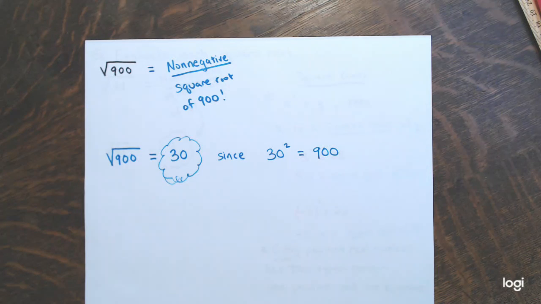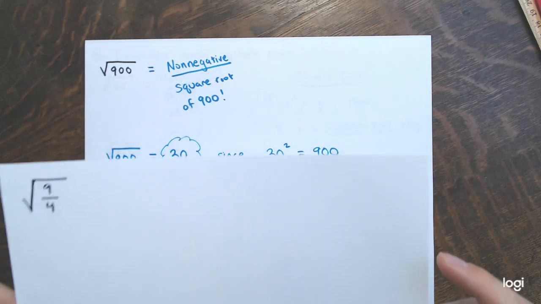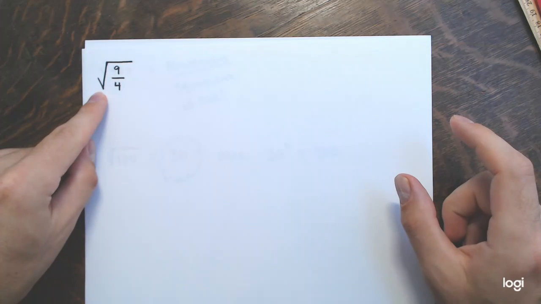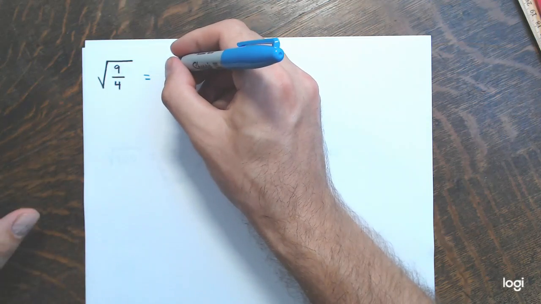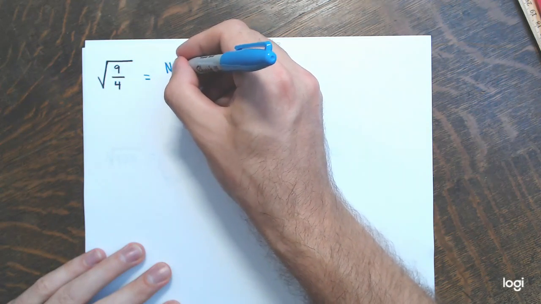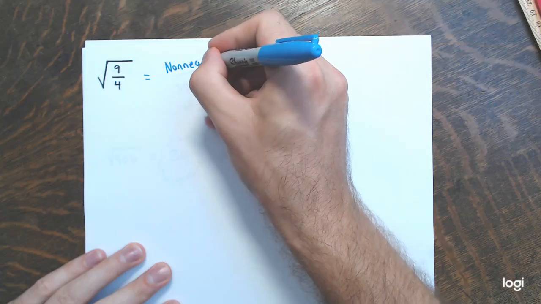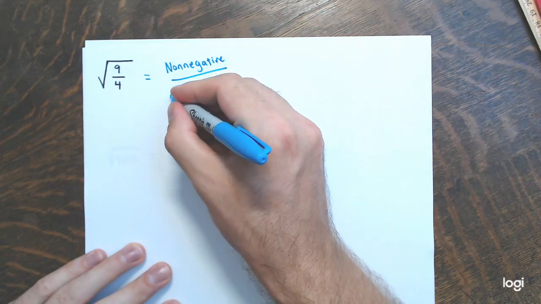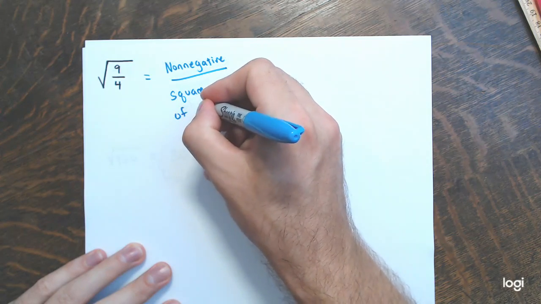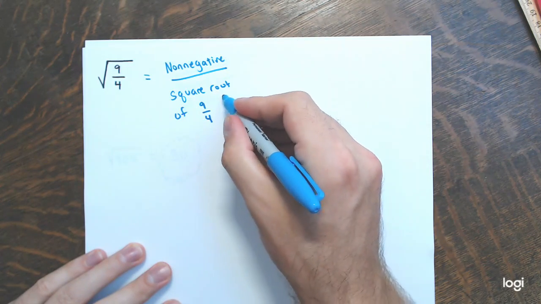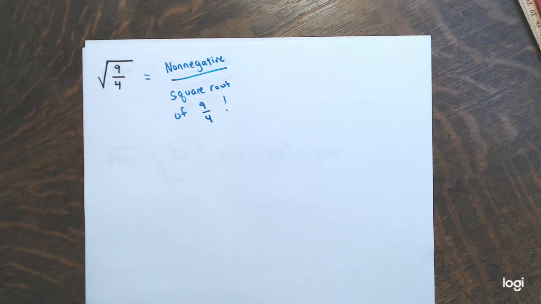Here is the square root. Again, non-negative square root, I'm just seeing the radical symbol there. This is asking for the non-negative square root of 9/4. So let's think. What is a non-negative number, in this case a positive number, that when I square it, multiply it by itself, gives me 9/4?